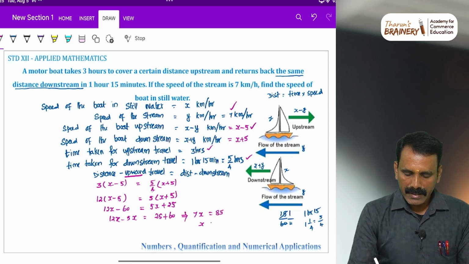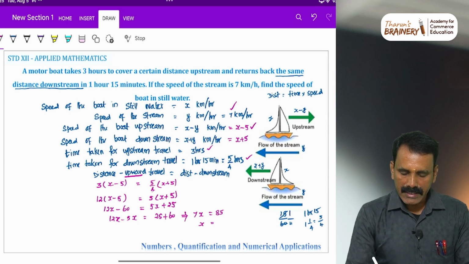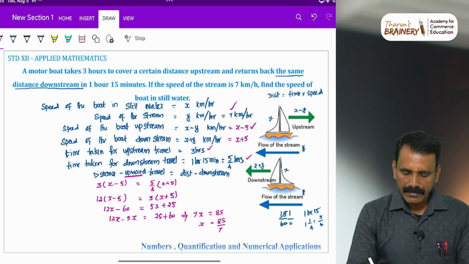So we try to get the value for x. x is equal to 85 divided by 7. We bring the 7 to the right side. So 85 divided by 7 is equal to 15 kilometer per hour.